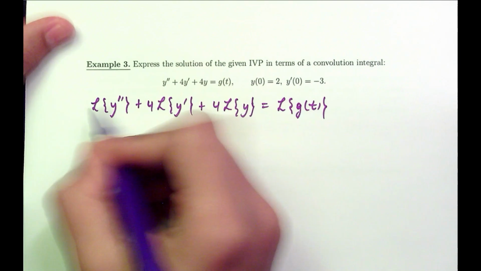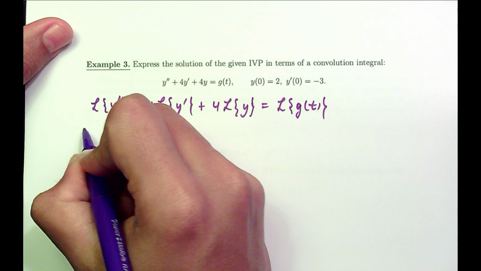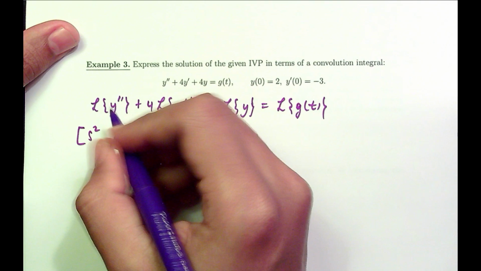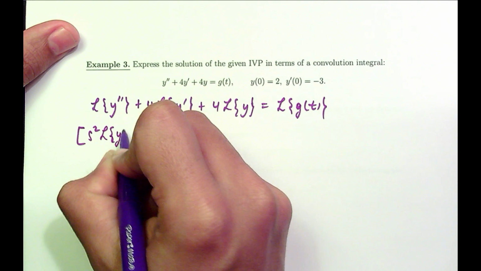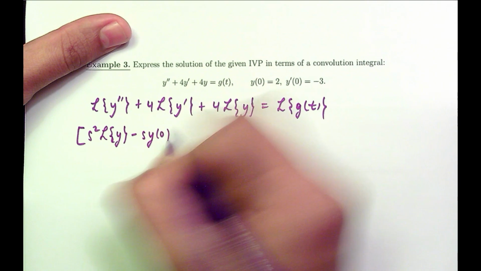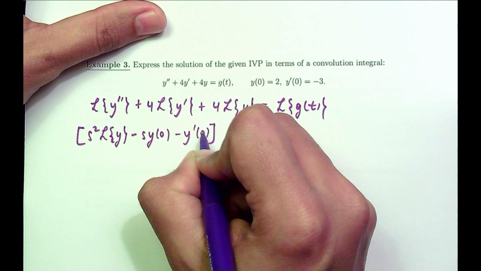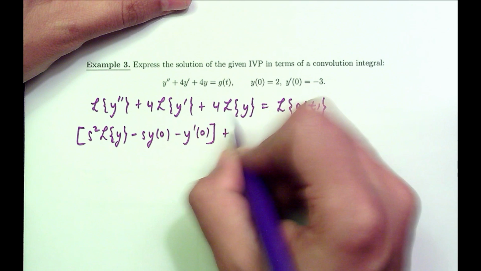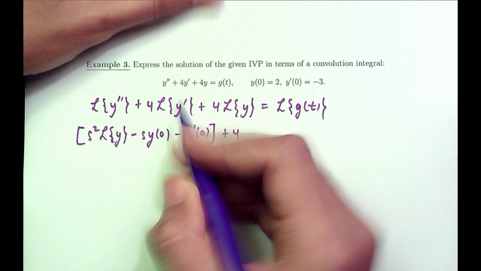Now, using the formula for the Laplace transform of the second derivative, and I'm going to put it in brackets, this is s squared Laplace transform of y minus s y at 0 minus y prime at 0. That is the Laplace transform of the second derivative, plus 4 times the Laplace transform of the first derivative.